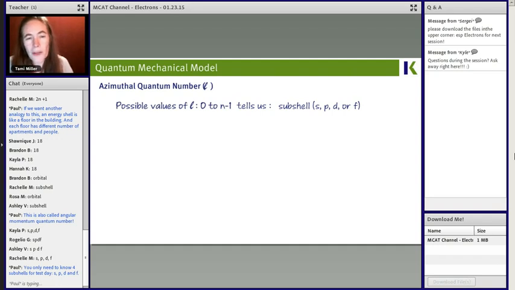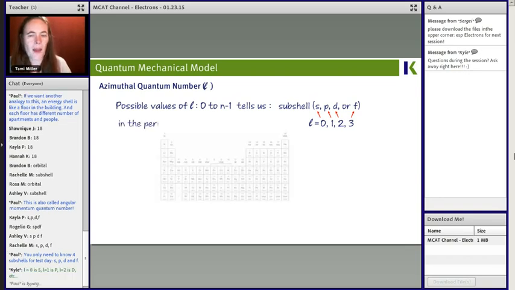So here's what you need to know about our azimuthal number, our angular momentum: S is 0, P is 1, D is 2, F is 3. It's going to come into importance in one of the questions that we're going to see in just a little bit. Now, in the periodic table, n equals 1 is that first row.